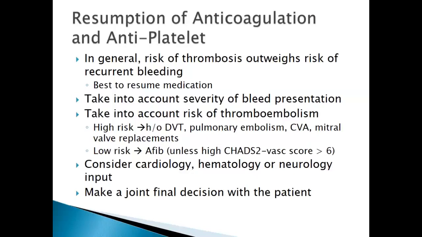You want to take into account the severity of the initial bleed presentation. Did they present with a hemoglobin of 4 and actively vomiting blood, or with a hemoglobin of 10 and a couple episodes of bright blood per rectum?